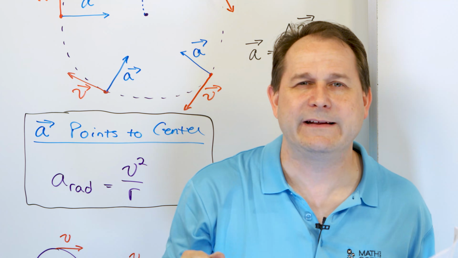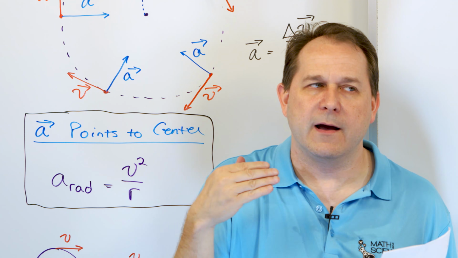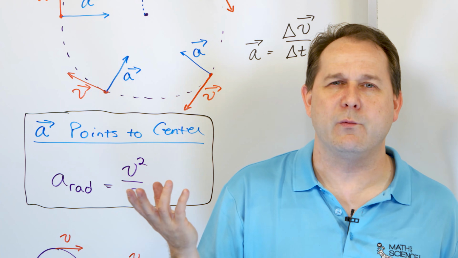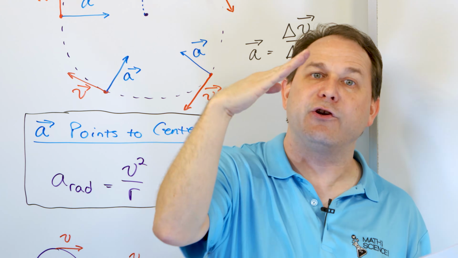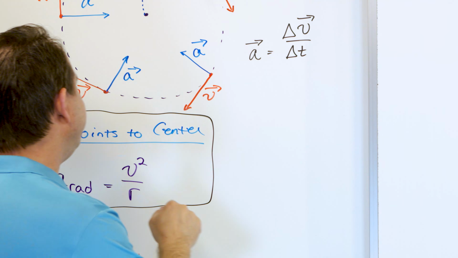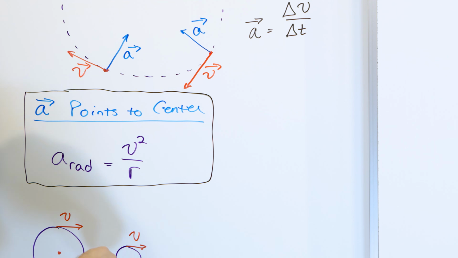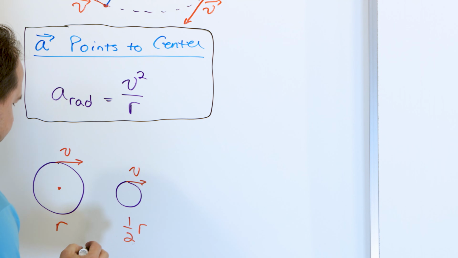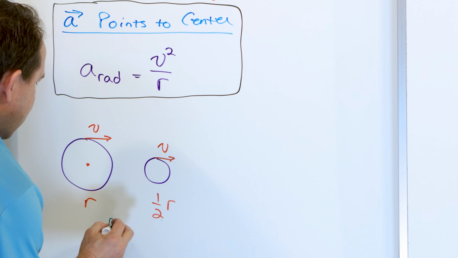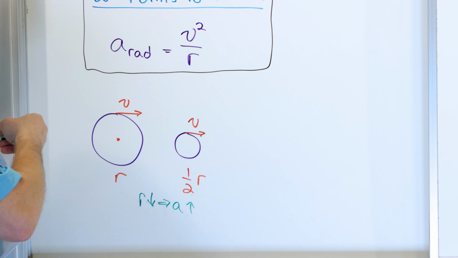And if it's going around the circle in more revolutions per second, then the velocity vector is changing much faster, and that means the acceleration must be higher. So when the radius goes down, the acceleration goes up.